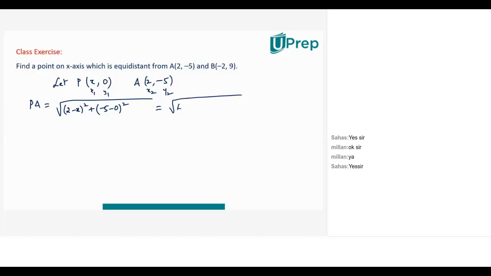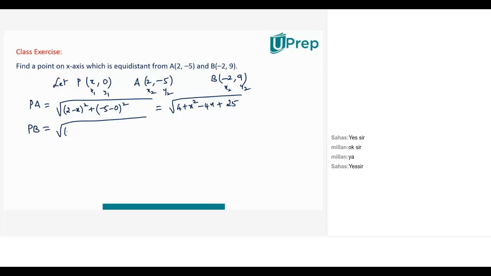A point is 2 comma minus 5. So what is PA length? This is my x1, this is my y1, that's my x2, that's my y2. So PA is square root of x2 minus x1, 2 minus x whole square, plus y2 minus y1 whole square.